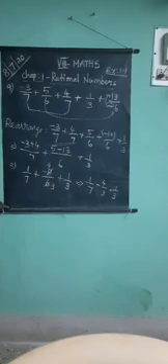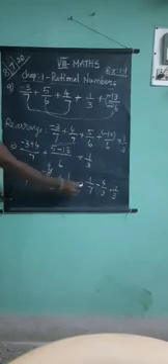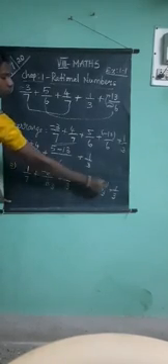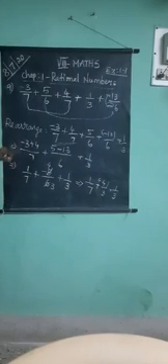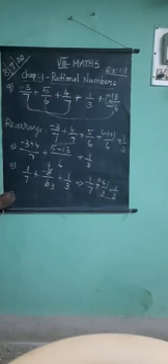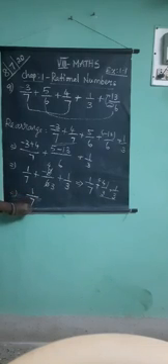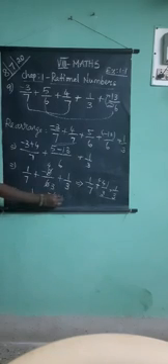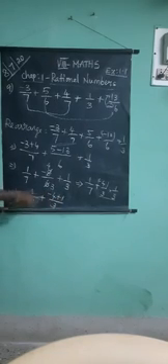Now see, same as usual you put it. Now see, the last two denominators are same. So 1 by 7 plus minus 4 plus 1 by 3.